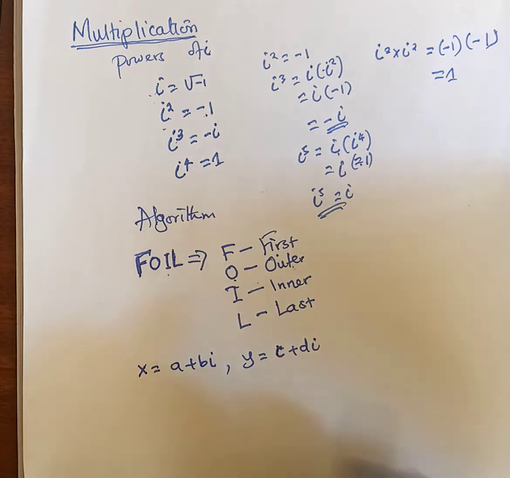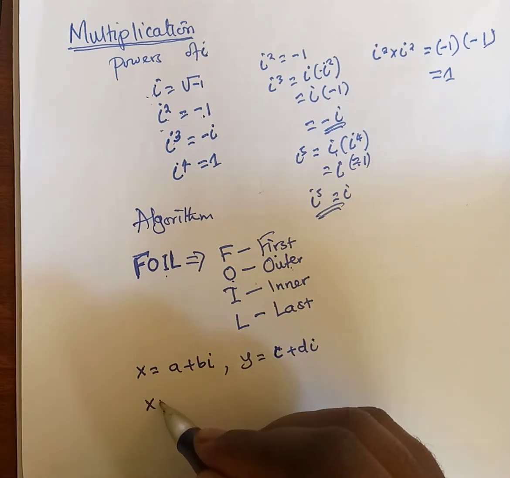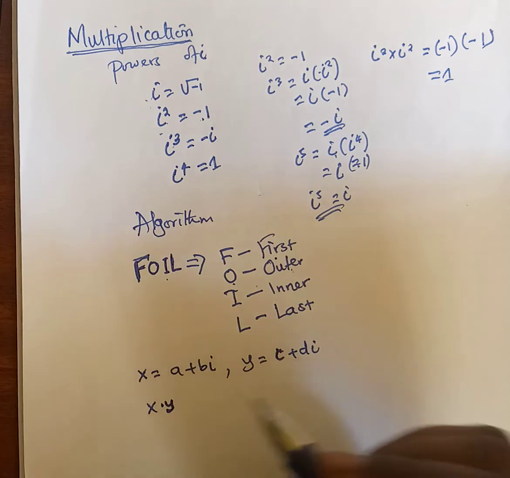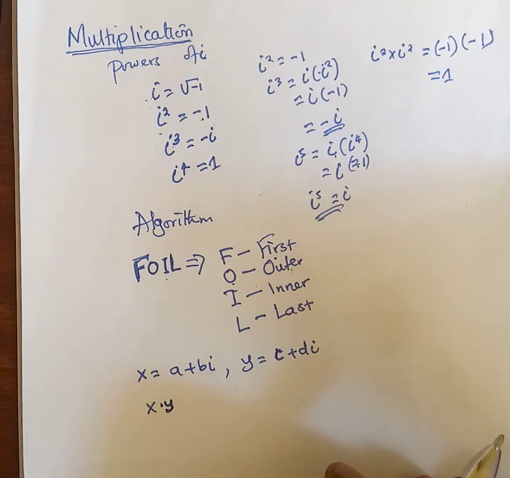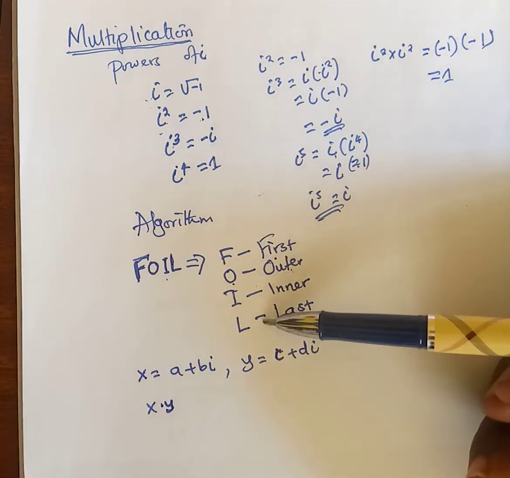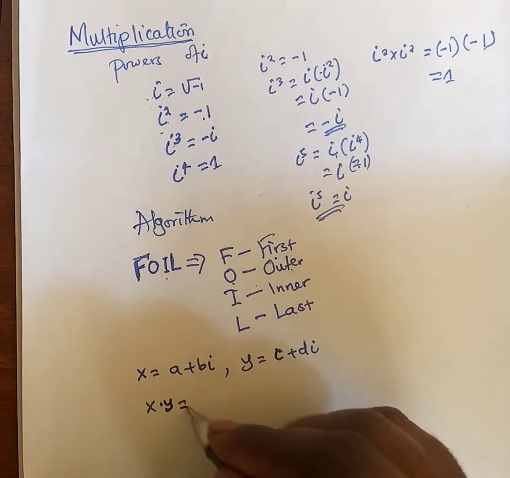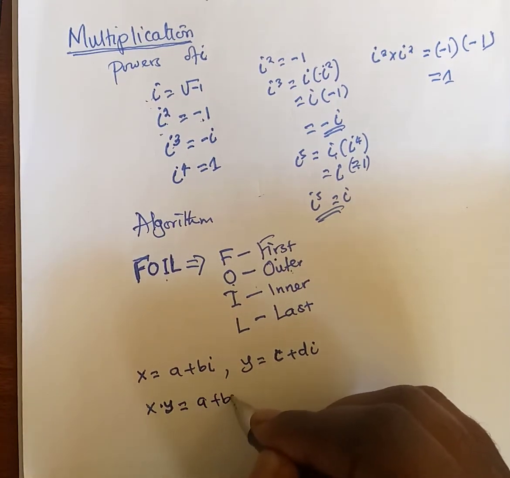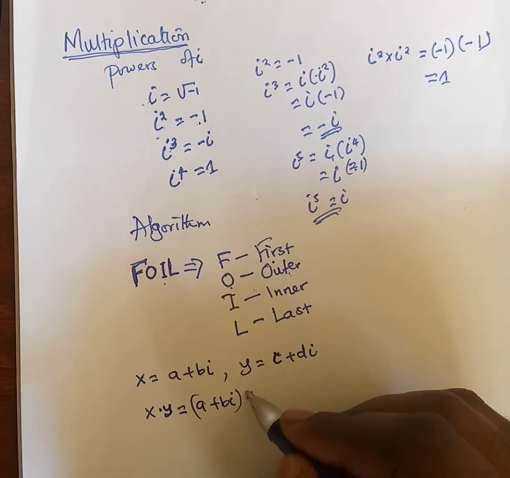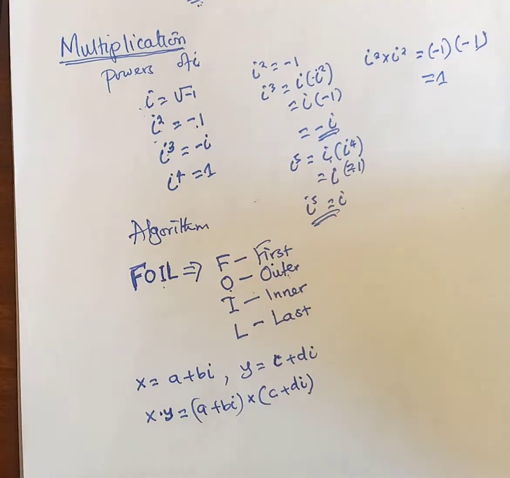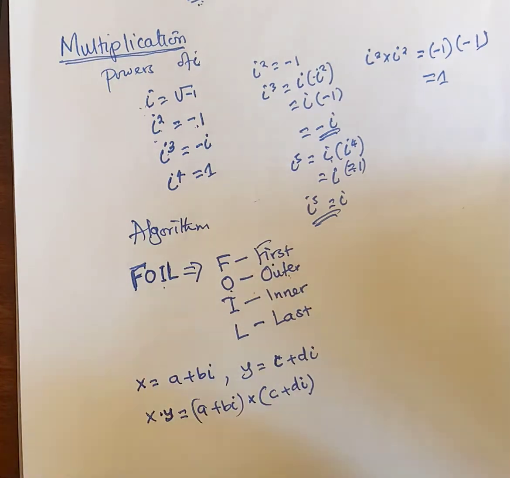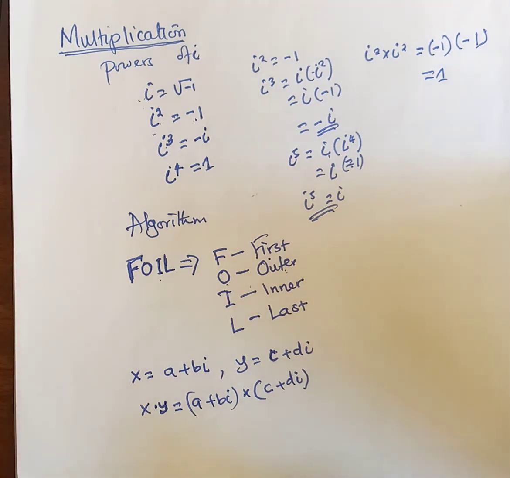So suppose we are to multiply x times y, following this algorithm FOIL. So x will be a plus bi, and I'm multiplying that by c plus di.